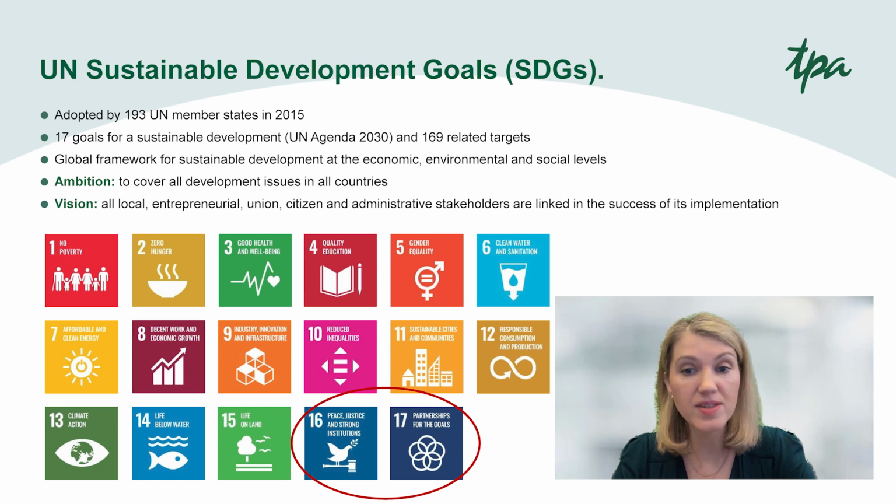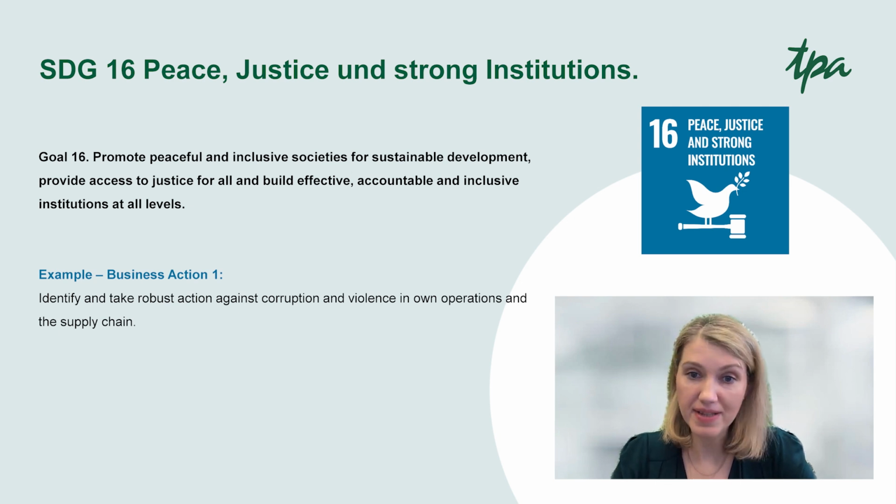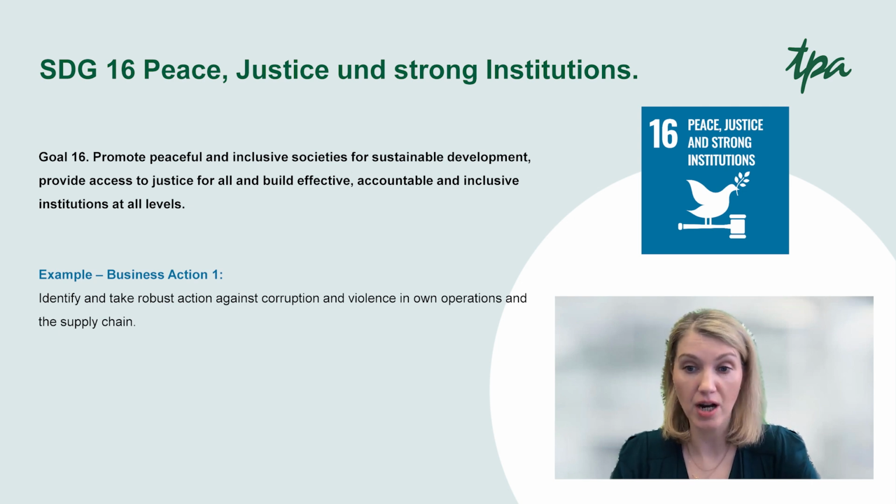As you can see, some governance issues are addressed here, such as Goal 16, Peace, Justice, and Strong Institutions, and Goal 17, Partnerships for the Goals. Let's now take a deep look at Goal 16. Business can contribute to peace and justice by developing, implementing, and sharing solutions to take robust action against corruption and violence throughout their own operations and the supply chain.